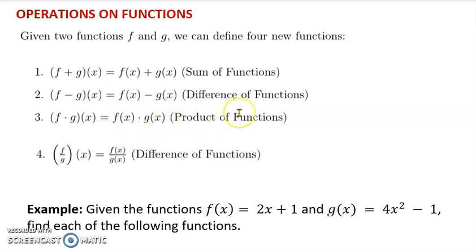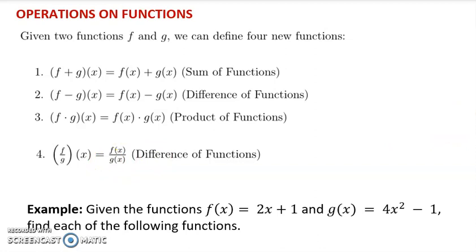While for the quotient of functions f and g, f divided by g, that is just f of x divided by g of x. Again, f here is in the numerator. The g here is in the denominator.